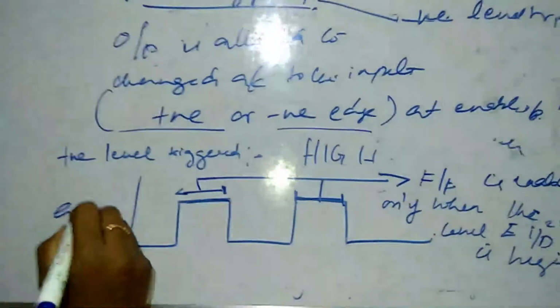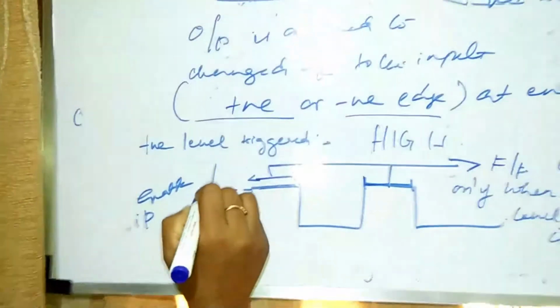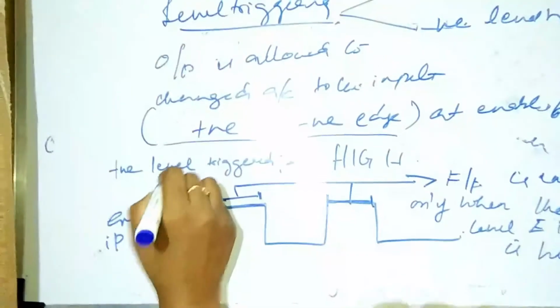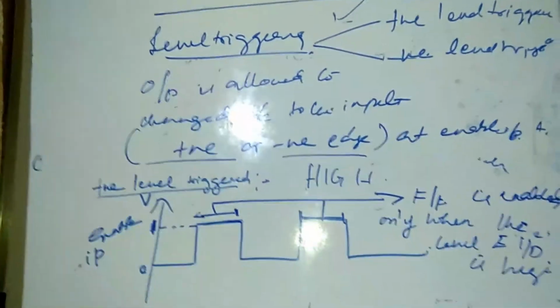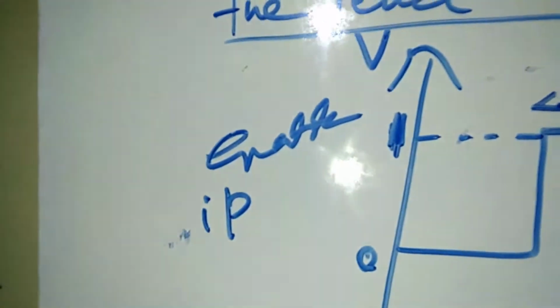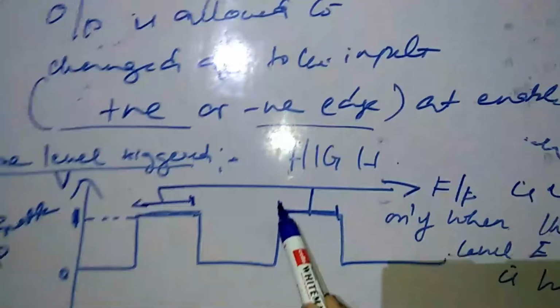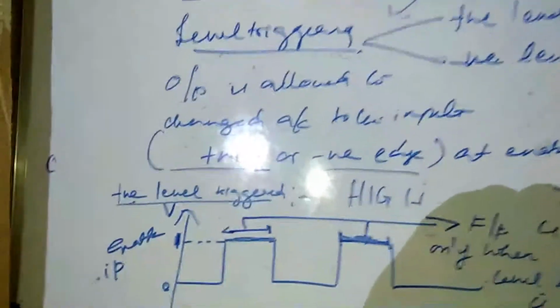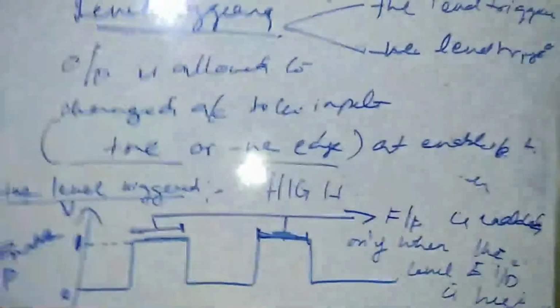So I can say my enable input is this, and this is 1, and let me say this as 1. This is what is your positive level triggered. That is, the flip-flop is enabled only when the level of the E input is high. Whenever the level of the E input is high, you say that as positive level triggered. Now this is one of your level triggerings.